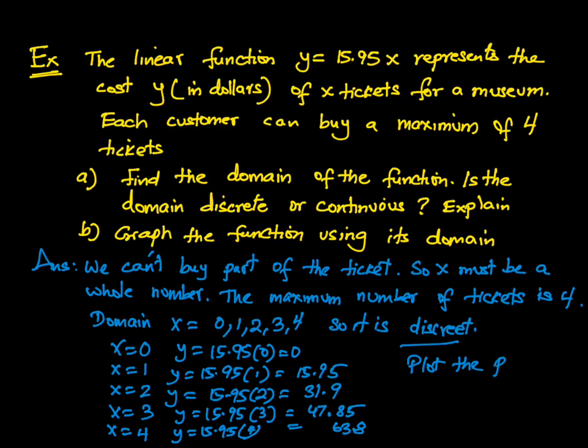So we have 0, 0, and 1, comma 15.95, and then graph them.